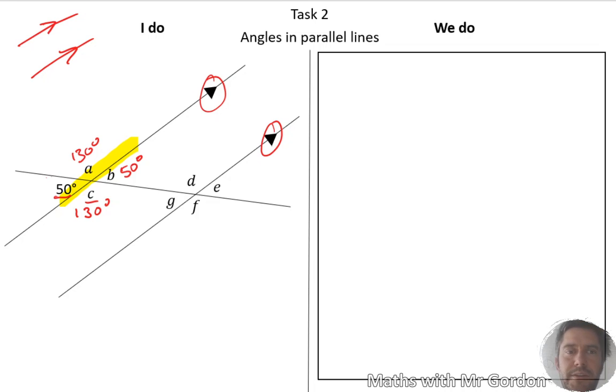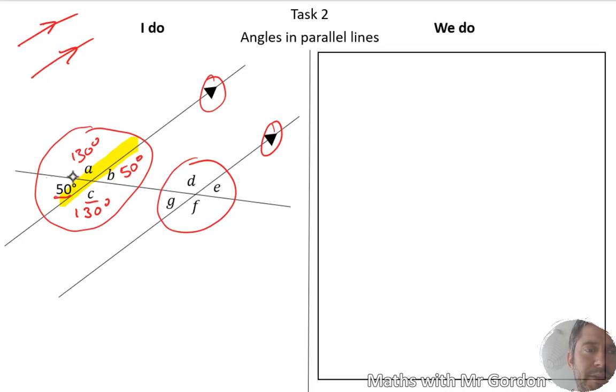Okay, so we can derive these angles just from these very, very simple rules which we've learnt before. Now, this point, as I mentioned earlier, is exactly the same as this one, because this is a line that's going in one particular direction, and these two lines are going in the same direction as each other. The angles we get here are going to be exactly the same as the angles we get over here.